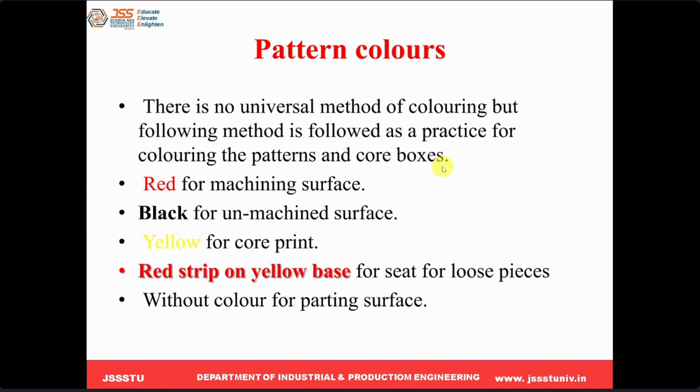Also, in the pattern they use different color codes for different purposes. Like for machining, the color code is red. If we paint red, it means the machining surface is required. If coated black, it indicates an unmachined surface. Yellow is called core print. Red stripe on yellow base is for seat for loose pattern. So that indication becomes easy for us. That is why we use these colors on patterns, and it is to be followed with standard color code. These are the practice standard color codes.